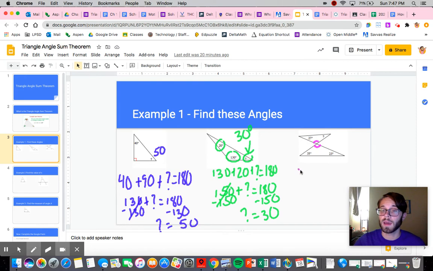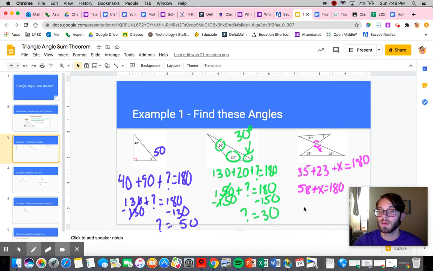So I essentially have 35 plus 23 plus, I don't know what the angle is, but I'm going to call it x, equals 180. Now I know that 58 plus x equals 180.